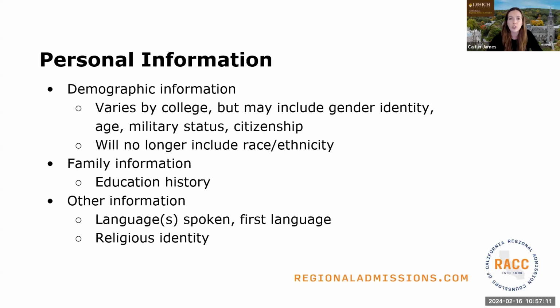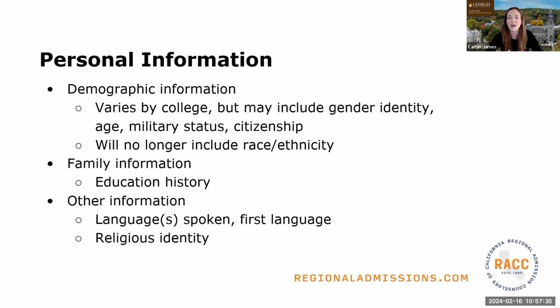Your family information, so how many siblings you have, their ages, if you'd like to put that, your parents, their relationship status, and their education history too, so we can tell if you might be a first-generation college student. Any other information about languages spoken? What is your first language? Maybe you have taken Spanish and you are speaking, reading, and writing that alongside English, maybe as your first language.